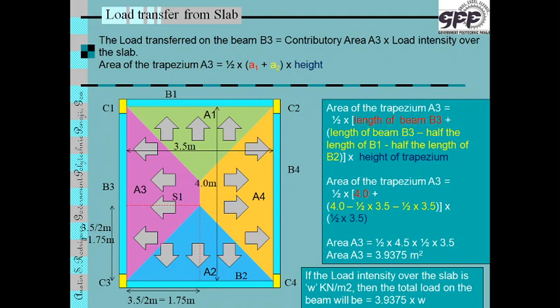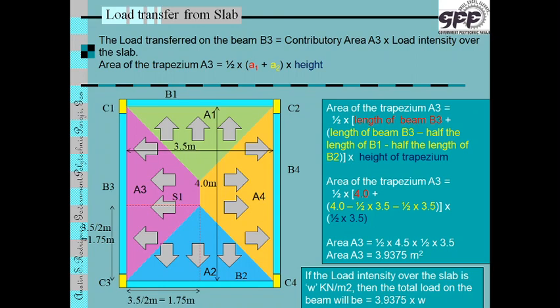Yes, the length of B3 will be slightly less than 4, but in the calculation we are directly taking it as 4, the clear longer dimension. Please note, the length of B3 will not be exactly 4, but slightly lesser than 4. But in the first calculations, when we are calculating the loads, this will not matter, because we would be getting the answers proper, because the length of the pink trapezium is 4 meters.